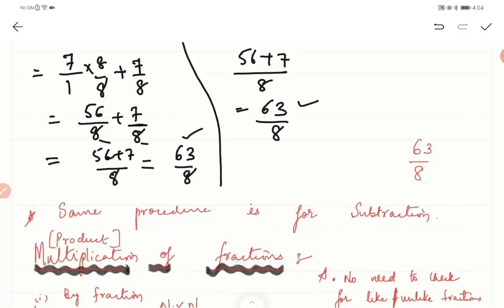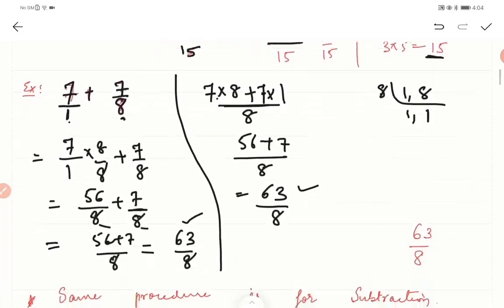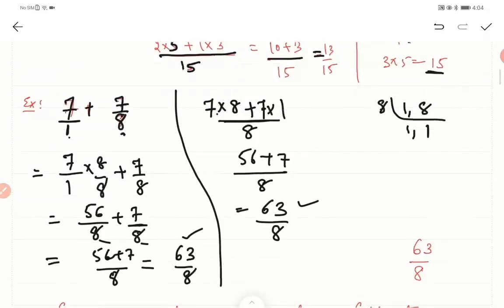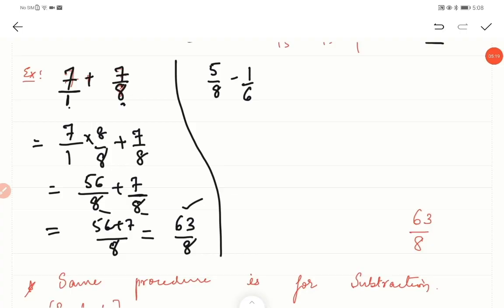And the same procedure follows for subtraction. I will take one example for subtraction. I've taken this example, so let's do this with the LCM method. 8 and 6. If I take 2 4s 8, 2 3s 6, isn't it? So 4 1s 4, then 3 1s 3.